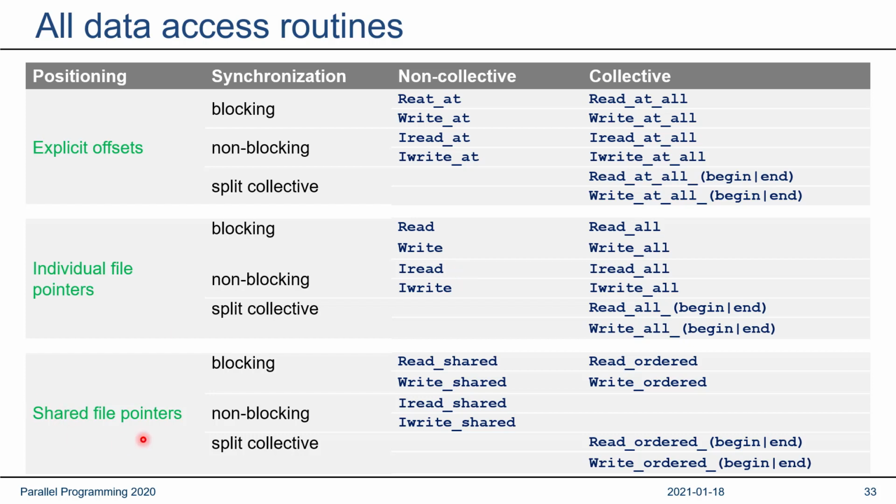For shared file pointers, for example, there's an interesting variant, the collective ordered variant, so this means that you can actually specify that the access to a file with respect to modifications of the file pointer should be ordered across the MPI ranks. So this could be important when you want a well-defined mapping of MPI file contents to MPI ranks.